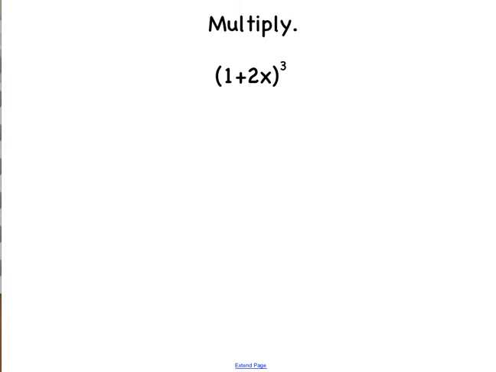Now, this is a little bit different because now it's something other than just plain terms here. So we still have to do Pascal's triangle. But now this, let's write this out for a plus b.